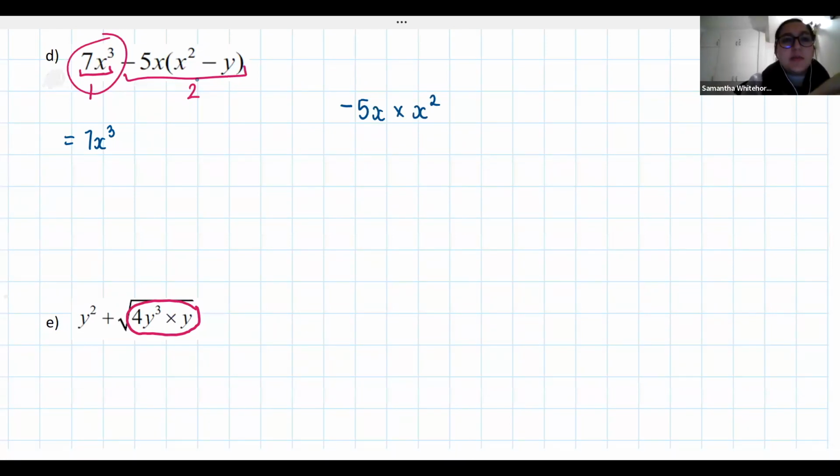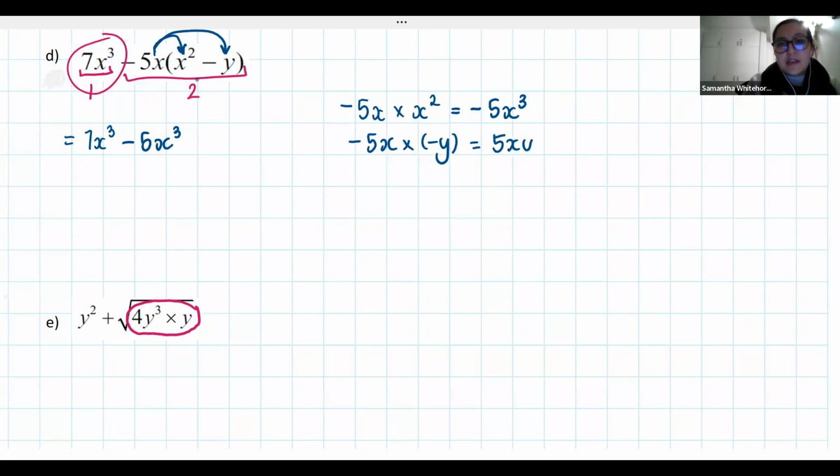Good. Okay, so guys, remember we're distributing here. So we've got minus 5x times x squared, which gives us that minus 5x cubed. And then we still need to distribute that to the minus y. So minus 5x times minus y. Negative times a negative, positive 5xy. Okay, so Chantal, carry on.